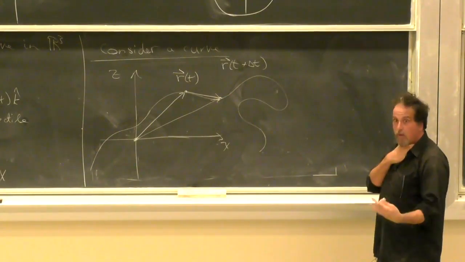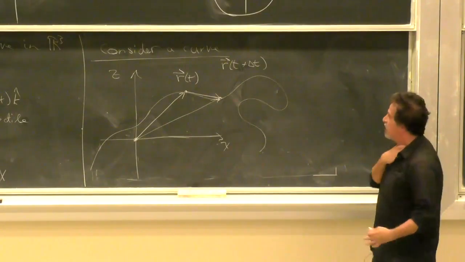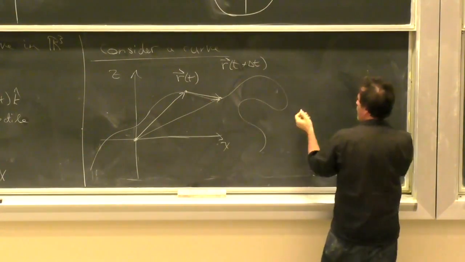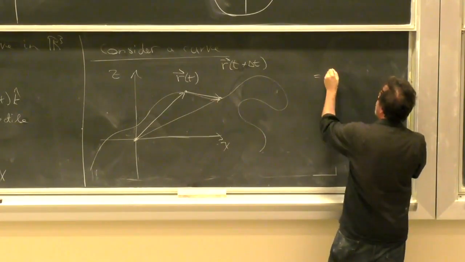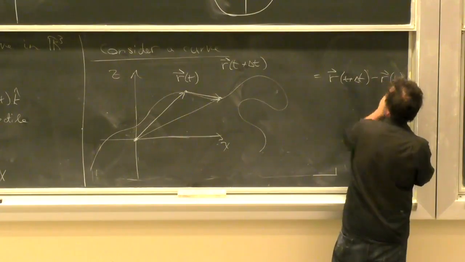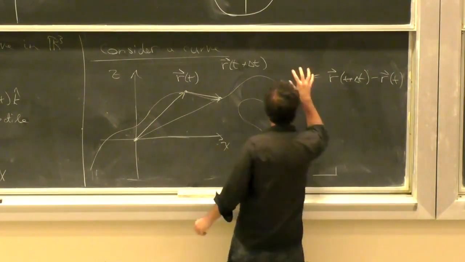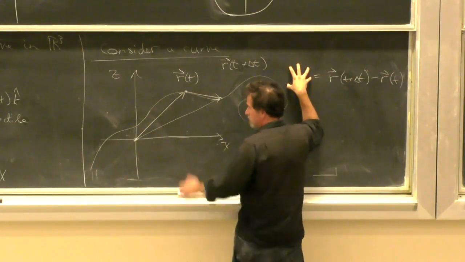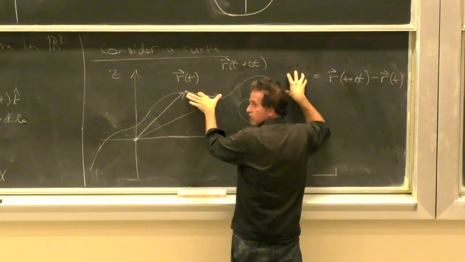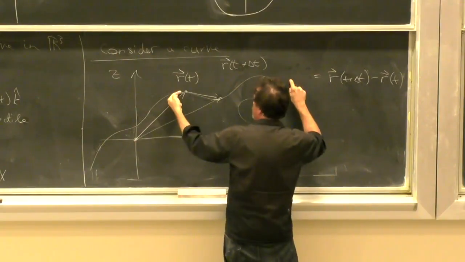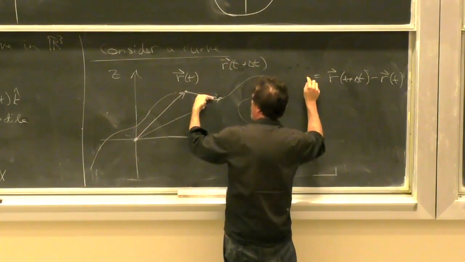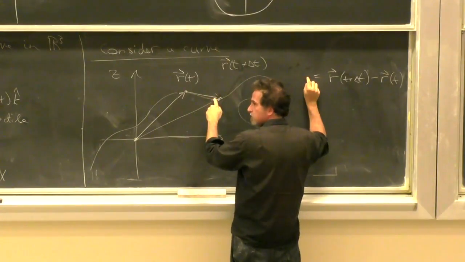By the way we add vectors, what we mean by vector addition, that vector is equal to r of t plus delta t minus r of t. That is to say, if you take this vector, which I haven't given a name to yet, and add it to r of t, that's like going up r of t over the vector who has yet to be named.